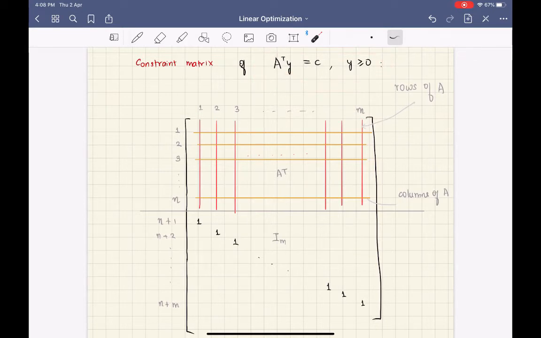So to get extreme points of this, we need to look at m linearly independent rows of this, and they have to be tight. There should be equality. So there's already a lot of equality here. Now, so there are how many? There are n equalities here. In any feasible solution, you will have equality for all the first n constraints. But for an extreme point, we need m.